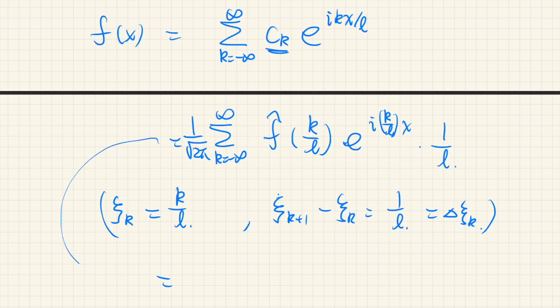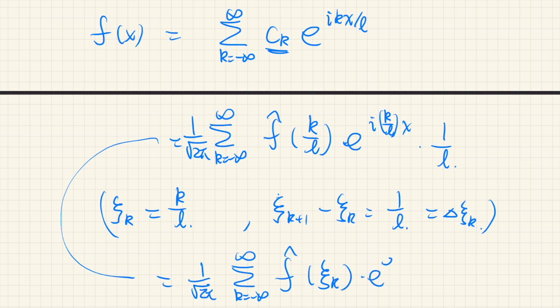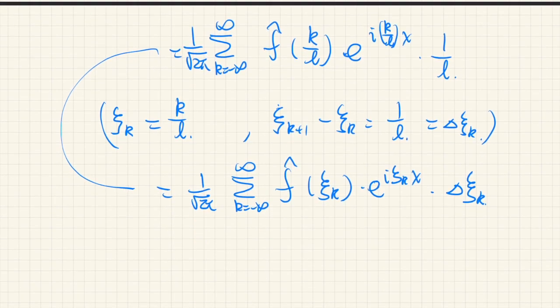So this becomes 1 over square root of 2 pi, the summation of f hat of xi_k and exponential of i xi_k x and delta xi_k.